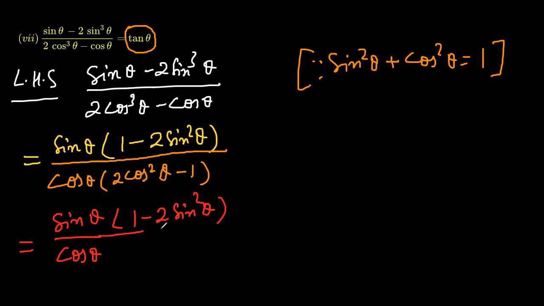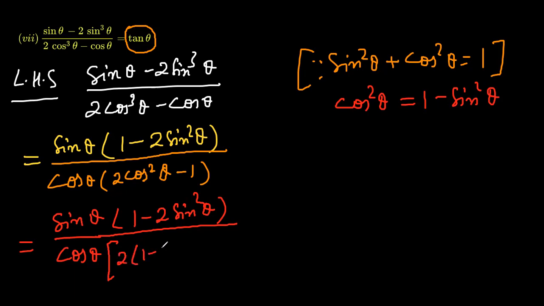And we are going to change that cos square theta from here. Cos square theta would be 1 minus sine square theta. So we are going to change cos square theta into 1 minus sine square theta. So let's use this capital bracket and then 2 times (1 minus sine square theta), minus 1, and close the capital bracket.